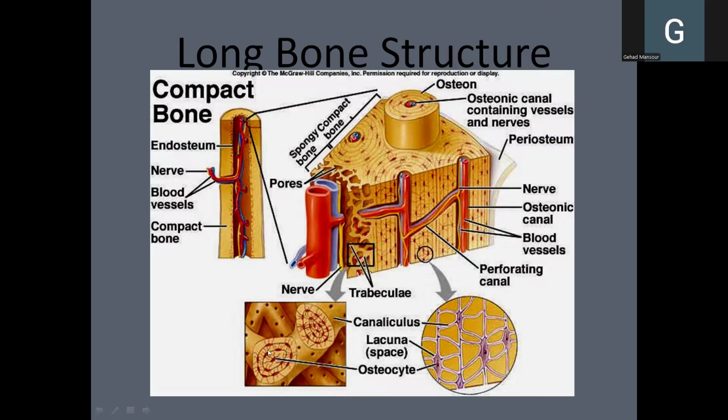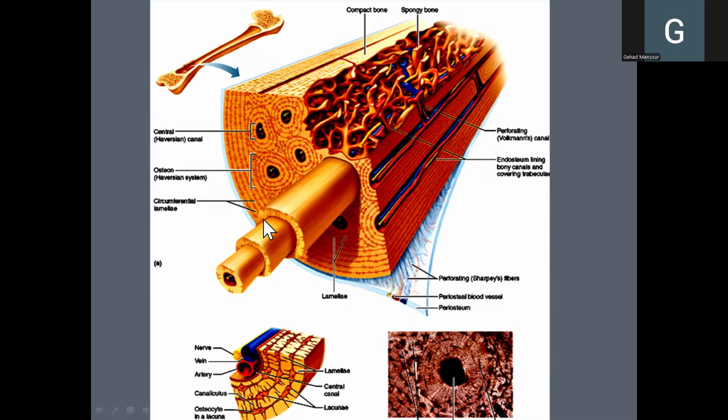So this layer and this layer are all concentric layers having one center, or they are concentric lamellae. So what are the lamellae? They are the layers of bone tissue that have been formed by the osteocytes. So here we have the circumferential lamellae or the concentric lamellae.